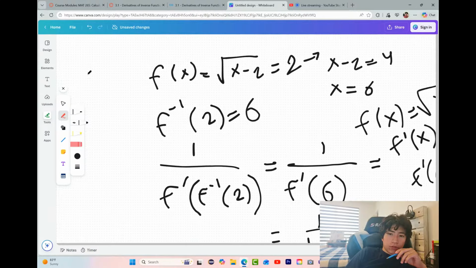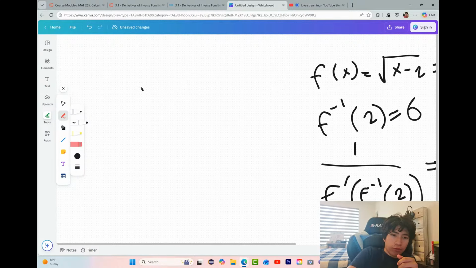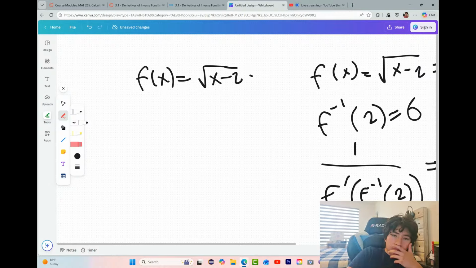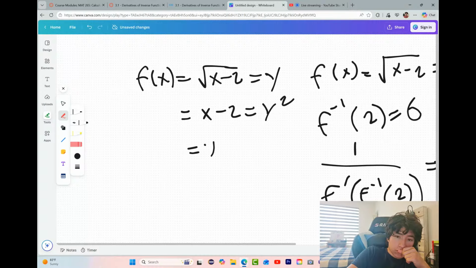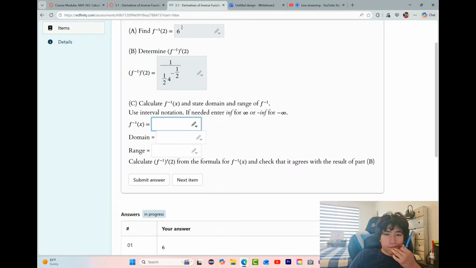Okay, I'm just going to rewrite the equation. Equals, let's say y. So solving for x, you get y squared plus 2.